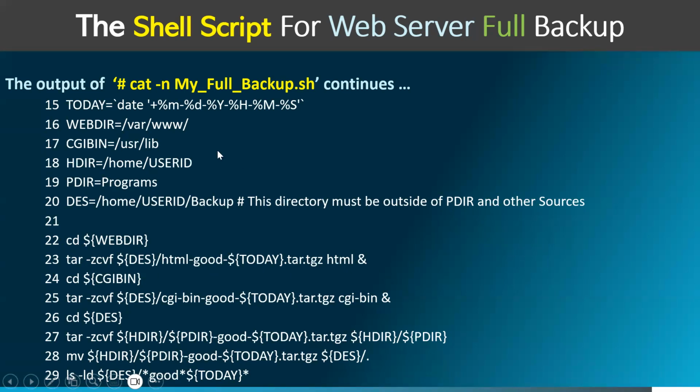Then it's going to say web dir is /var/www/html, and it's going to get that directory. But the only difference is that if I just want to cd to it, now I'm backing up the tar.gzip file with the HTML directory only as the source. So if I move it to a different location, then I restore only HTML.